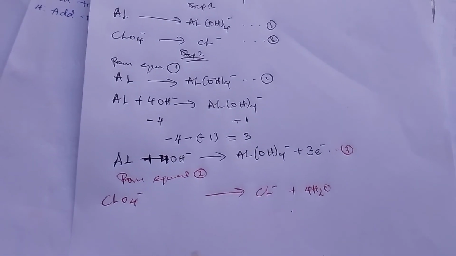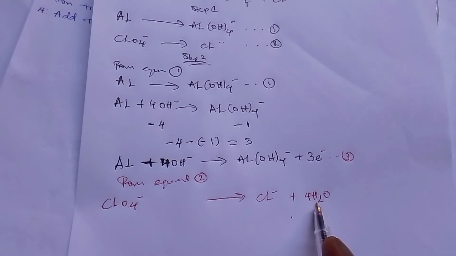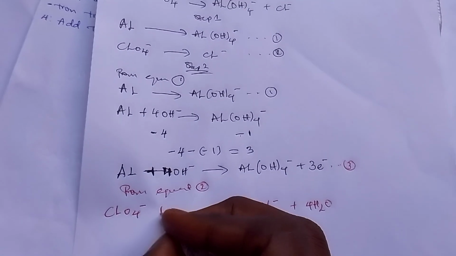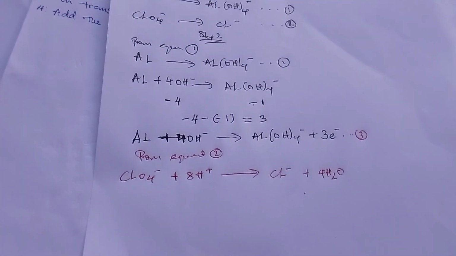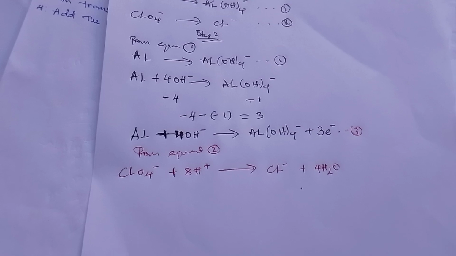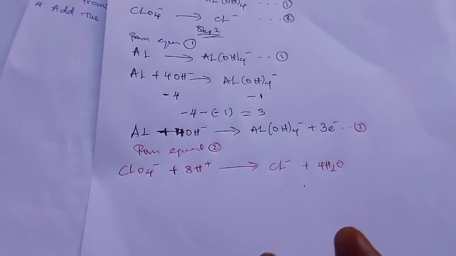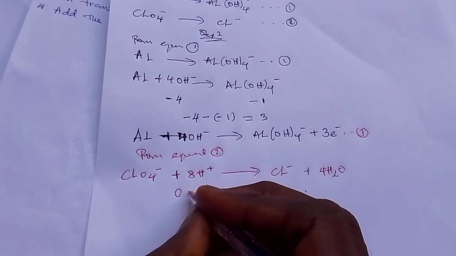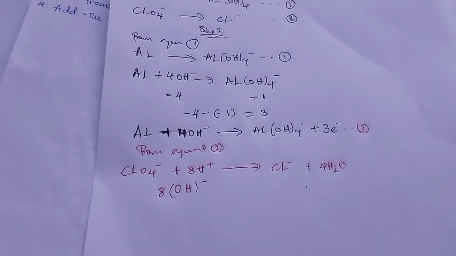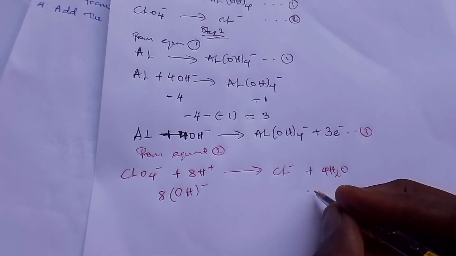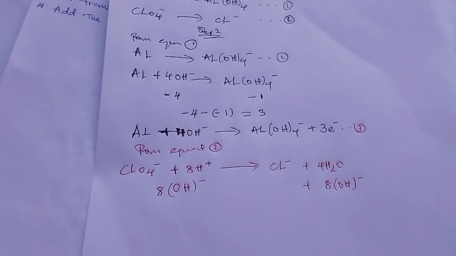When I add 4H2O, it's 4 oxygen here, 4 oxygen here. But meanwhile, I have 8 hydrogen here. So I'm going to add 8 hydrogen ions. Now, having done that, what I need to do is to add hydroxyl to both sides. So I will add 8 hydroxyl, and I'll also add 8 hydroxyl to both sides.